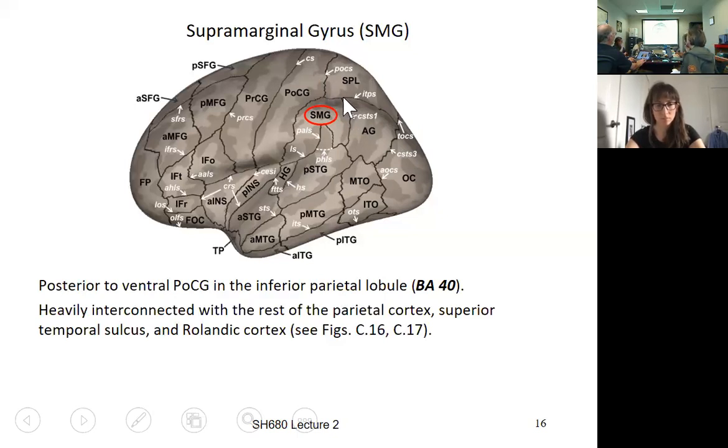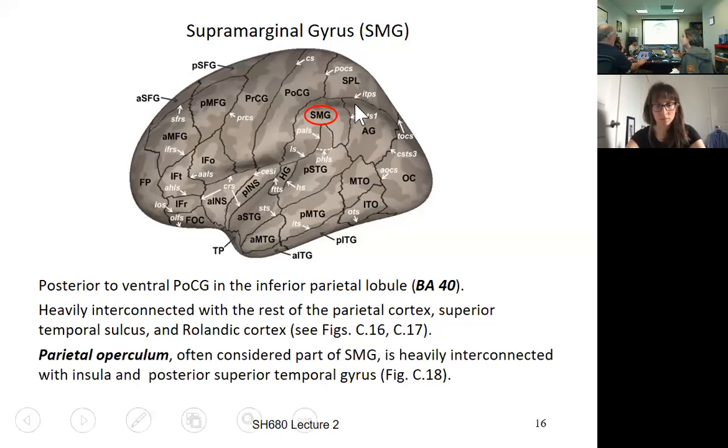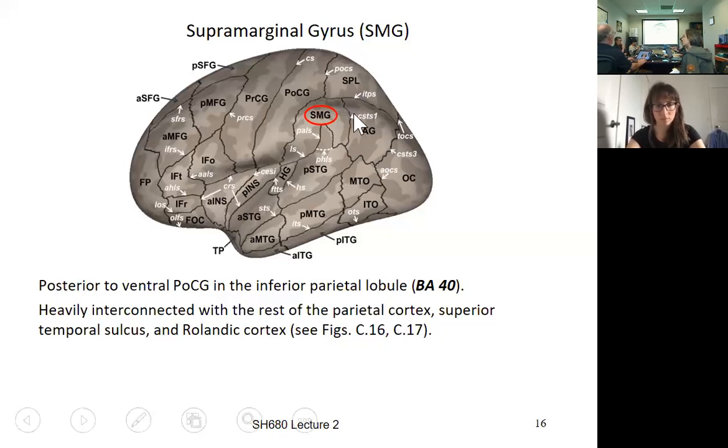And this is also association cortex, which means, around here especially, where it's far away from all the primary areas, that there is very complex processing going on in there. There are areas that are involved in eye movements, arm movements, speech, all separately. But the representations back here get a lot more vague than you see in the primary motor cortex.